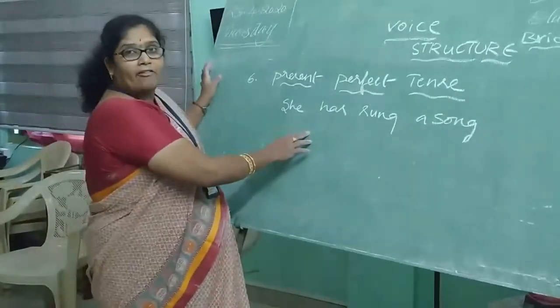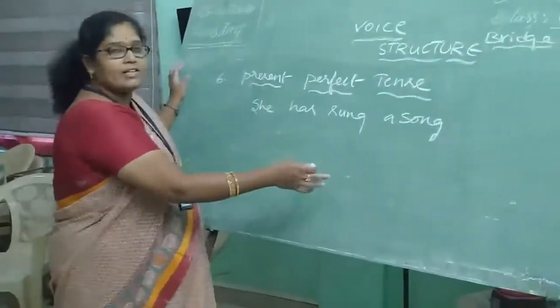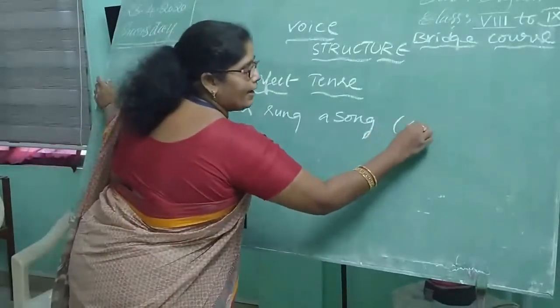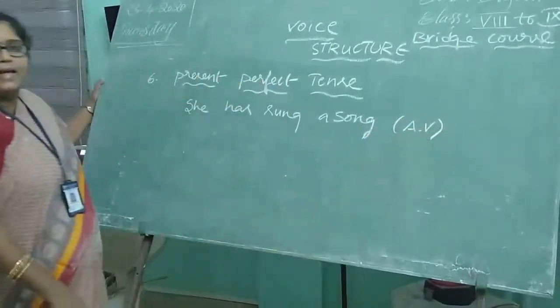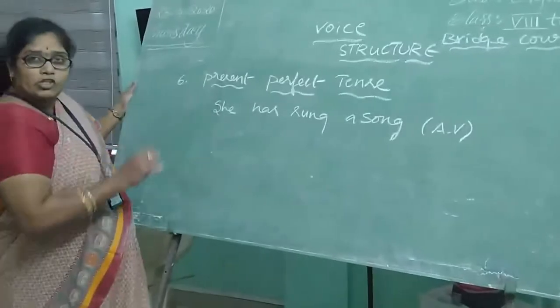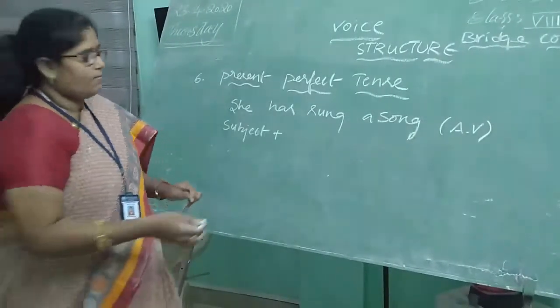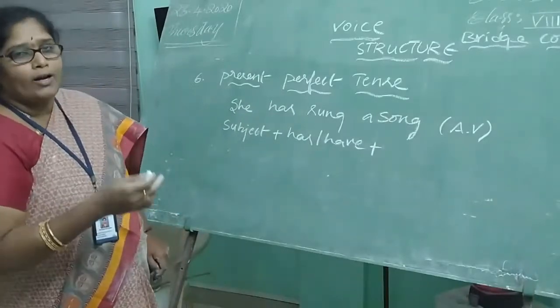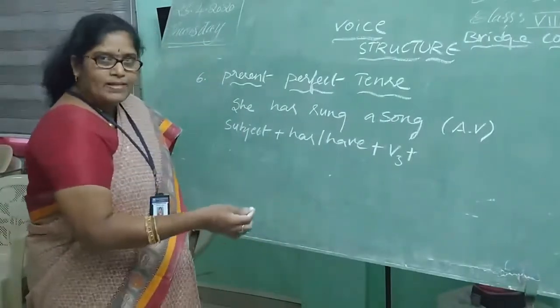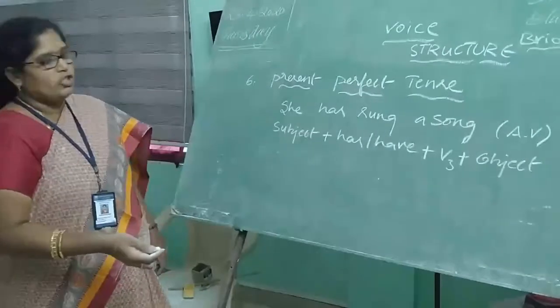Here I have written a present perfect tense sentence, children, and this is in active voice. So the structure of present perfect tense: subject plus has or have plus V3 plus object, children.